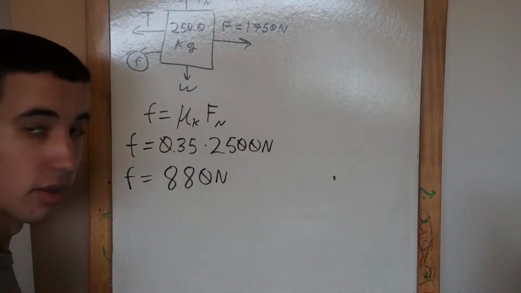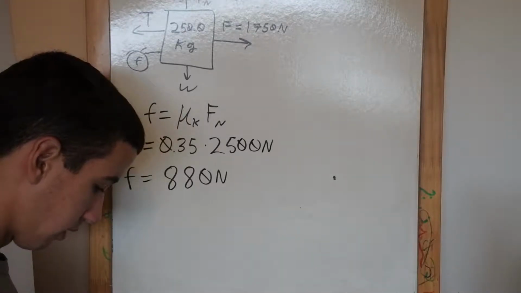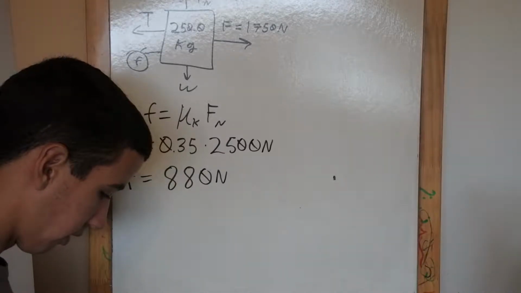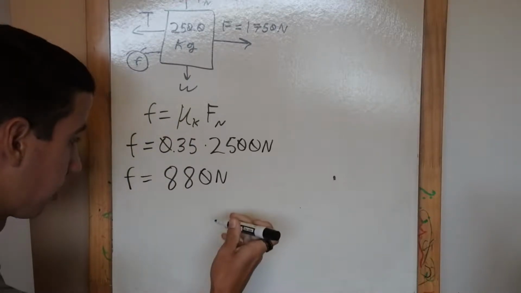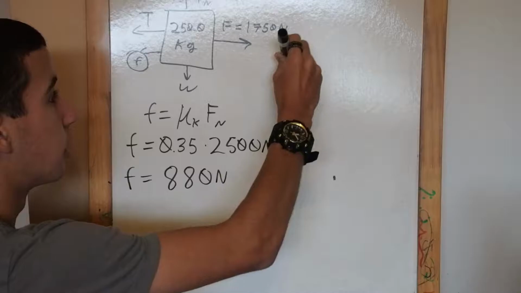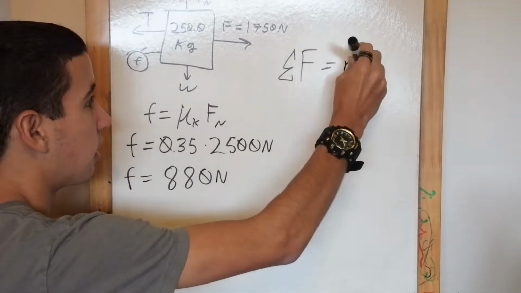Okay? That goes back to when we first learned about friction. So, what we can do with this is assemble, again, our equation. Sum of forces equals ma.